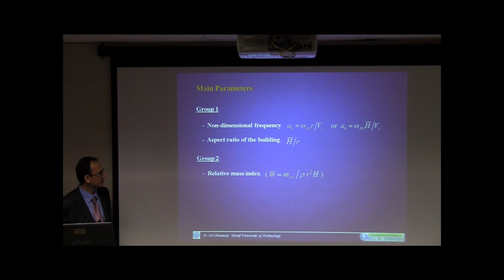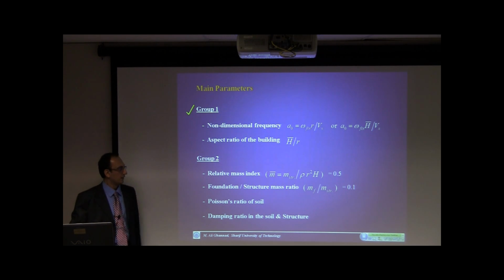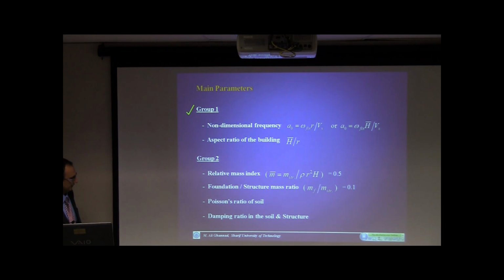And some other parameters: the mass index, the mass of structure to mass of soil, foundation to structure mass ratio, Poisson's ratio of the soil, damping ratios, and some other minor parameters. It is known that group 1 is the key parameters, and the other parameters can be set to values which cover ordinary and traditional buildings.